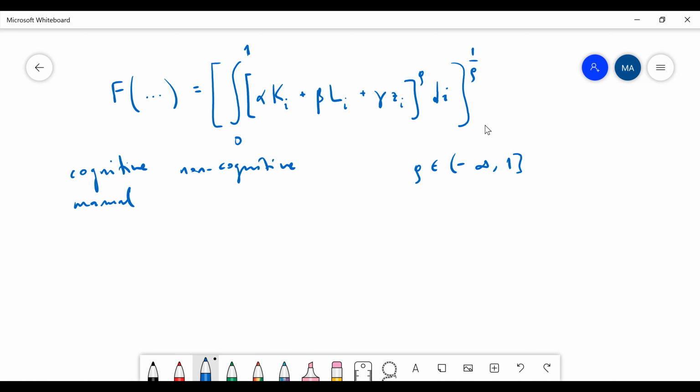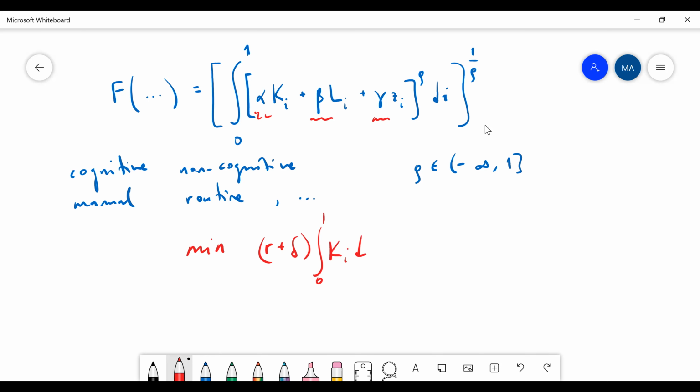Now of course your objective function is a little bit different, because now you are paying R plus delta for all the capital stock you use. Then you are paying the labor wage for all the labor you use, and you are paying P for all the automation materials, automation systems you are using.